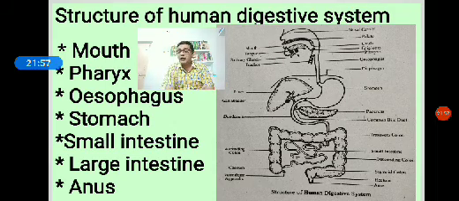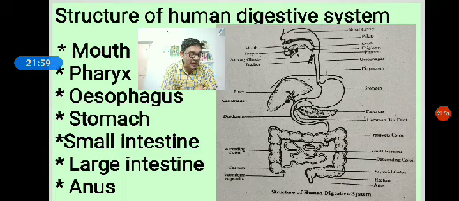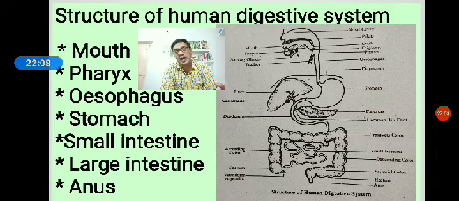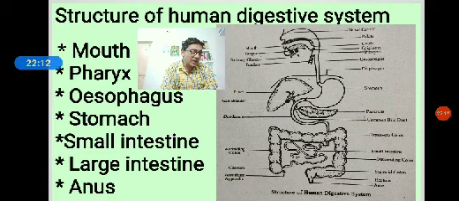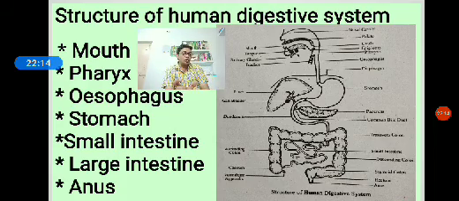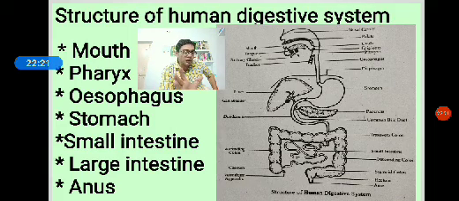Then the pharynx leads to one more tube called the esophagus. Esophagus is a short muscular tube measuring about 25 centimeters long. It is commonly called the food pipe.